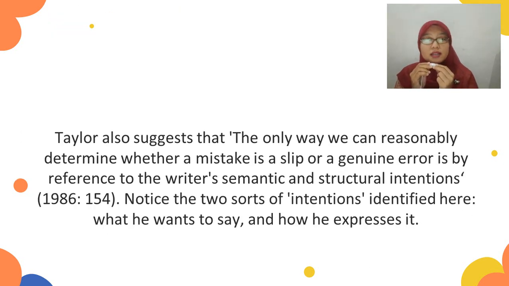Taylor also suggests that the only way we can reasonably determine whether a mistake is a slip or a genuine error is by reference to the writer's semantic and structural intentions, 1986, page 154. Notice the two sorts of intentions identified here: what he wants to say and how he expresses it.